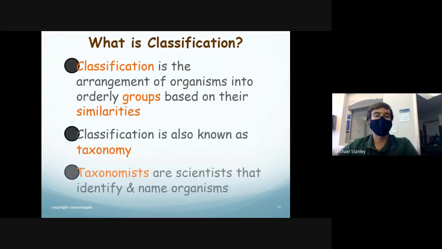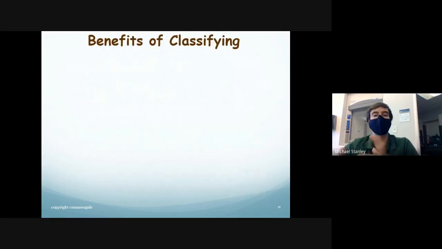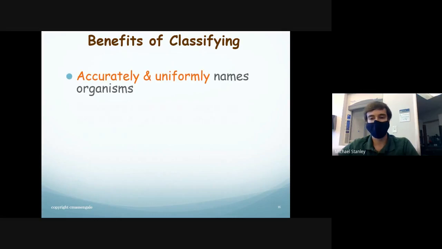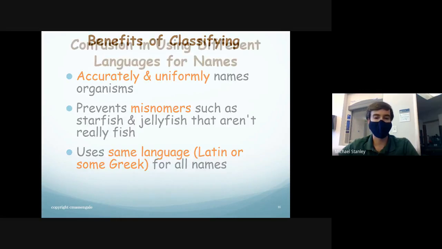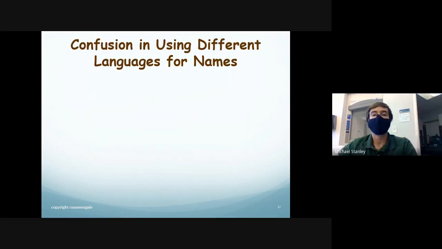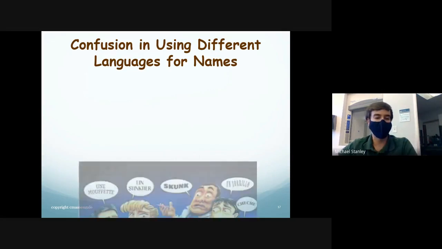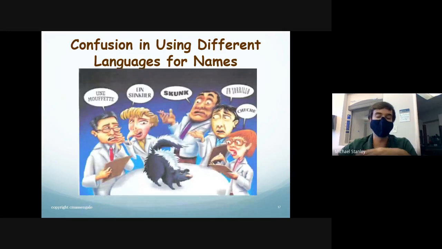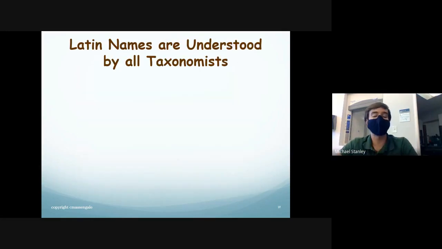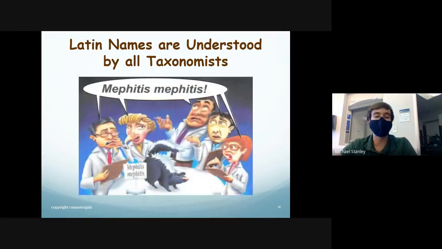We also talked about classification and how organisms are grouped into species and different groups. The main takeaways are that there's a reason why we give animals and plants specific names, and that is to cut down on the confusion, because while their common name might be different in all languages, their scientific name is always going to be the same.